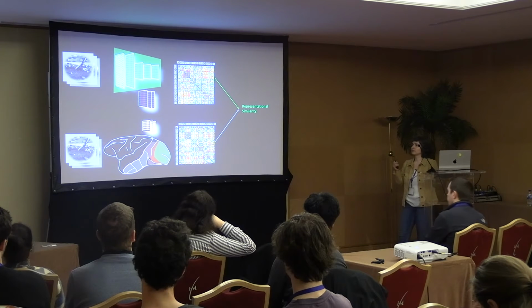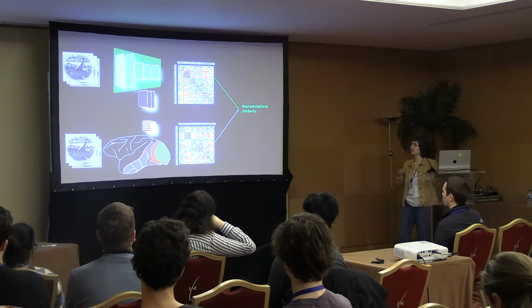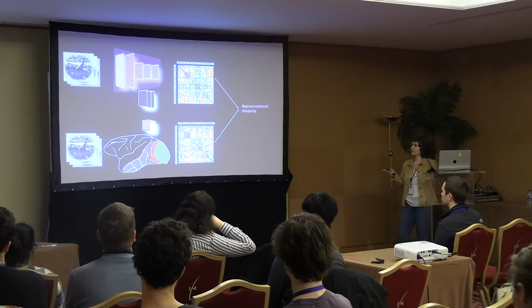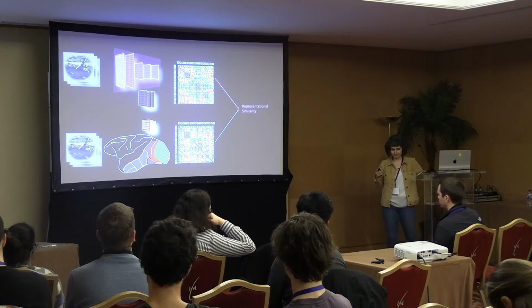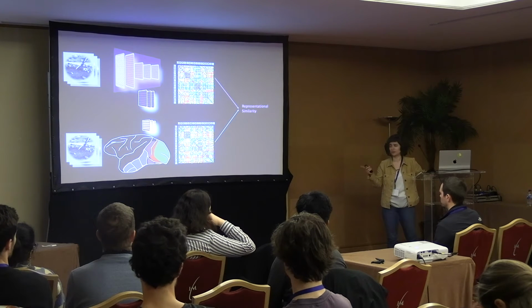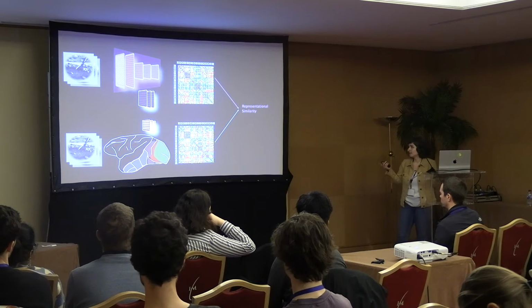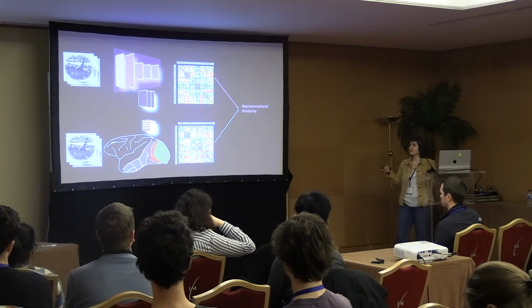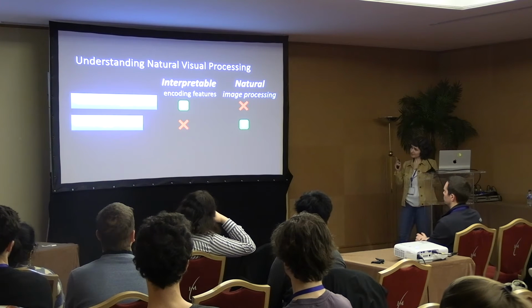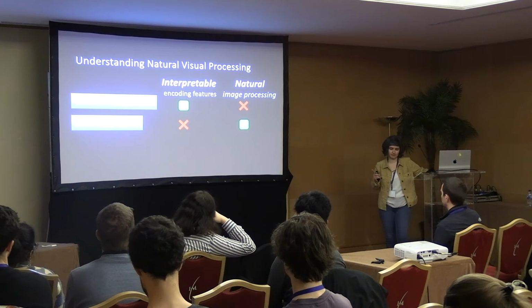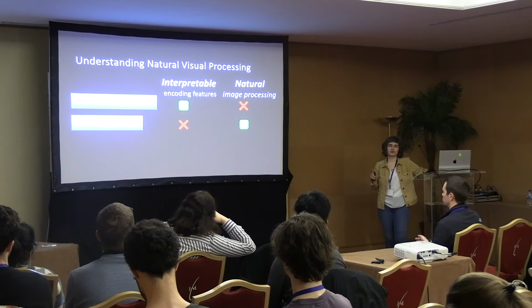You change your hypothesis about the deep net, you get a new deep net, you get a new set of features, you get a new score, another score. And the highest score gives the hypothesis, the set of features or design parameters, that is most likely to be the better model of the brain, right? But the problem with this approach is that the features are not interpretable.